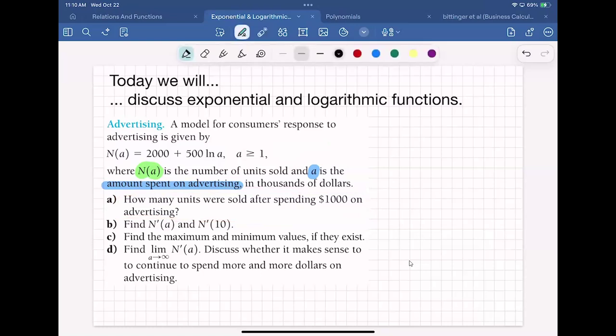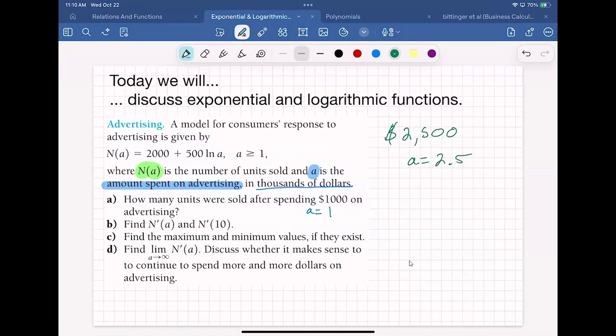With that said, what should we be using for our A value on this first part? All right, so A equals what? Be careful here again. Go back to the fact that it's in $1,000, right? So this would just be 1. If I said we're going to focus on $2,500, then A would be 2.5.